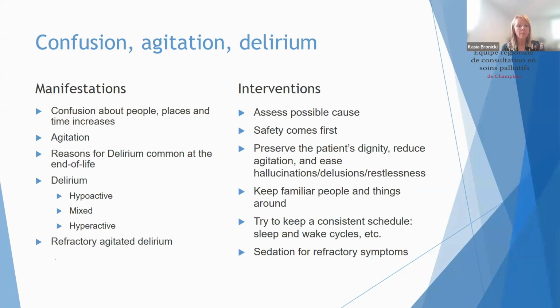Agitation has many causes, so it's important to get a good, thorough assessment in there if somebody is agitated, and that would look at the whole system. So are they constipated? Are they retaining urine? Are they in pain? Are they dyspneic? Do they have a wrinkle in their bed sheets that's causing this agitation? And trying to see if that fixes it.